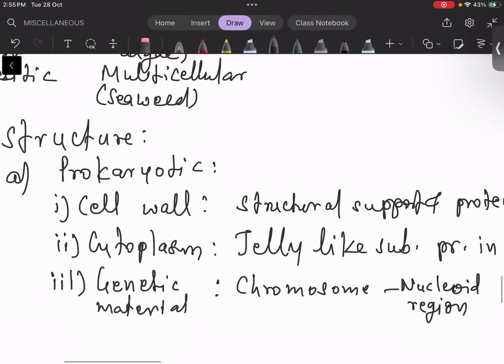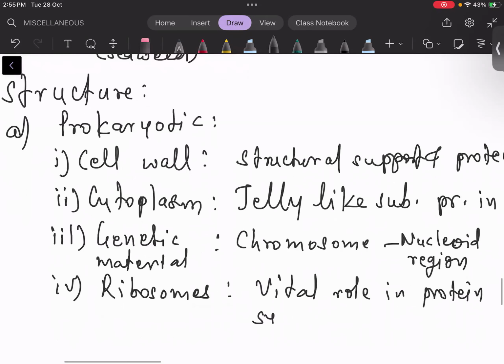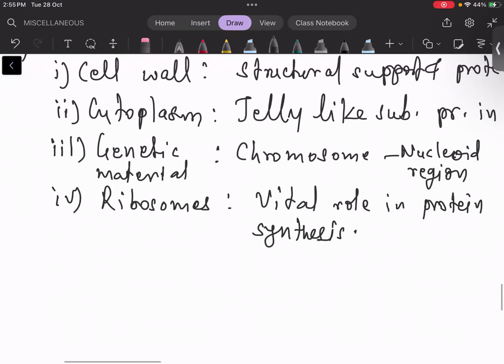Then the last component of prokaryotes, ribosomes. They play a vital role in protein synthesis. Vital means important. Is there any doubt? No.